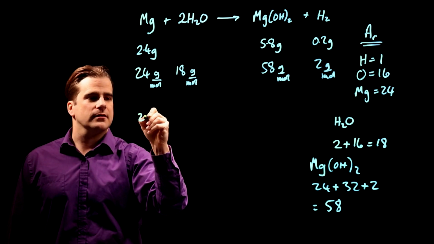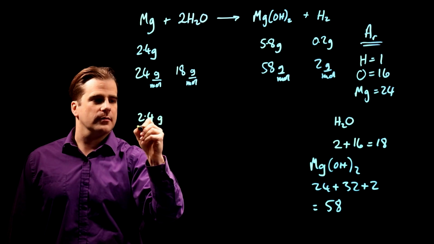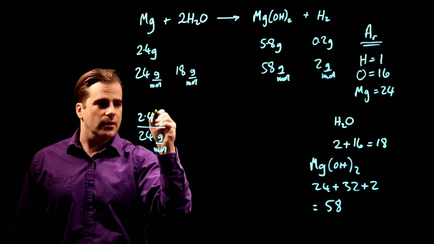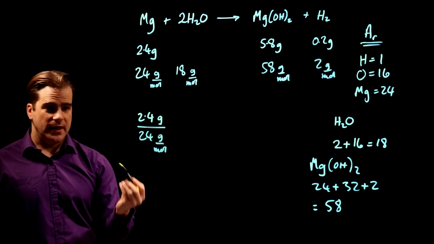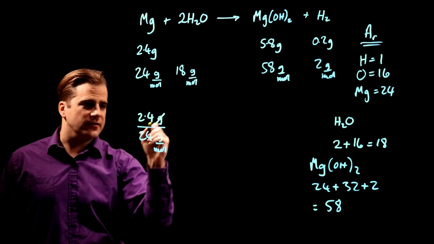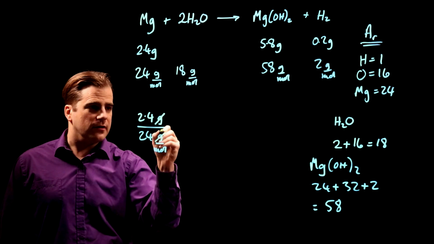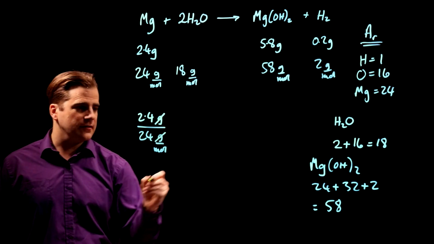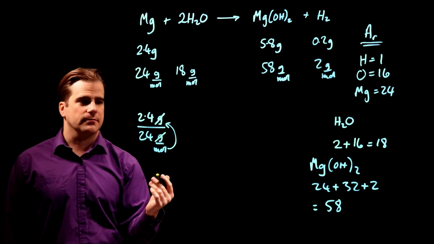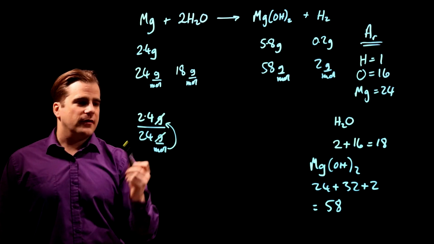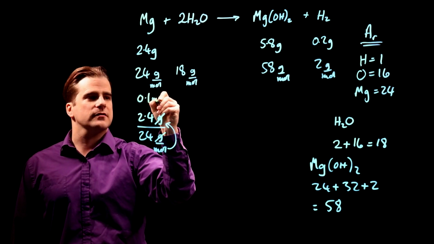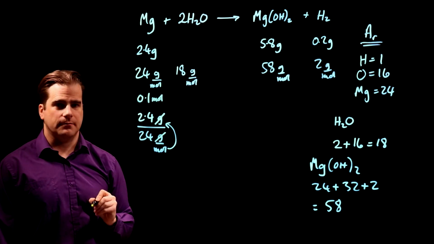If we divide 2.4 grams by 24 grams per mole, write down the units, include them. Grams on the top, grams on the bottom, they cancel, moles flips up to the top, and we've got something in terms of moles, which is what we want. So 2.4 divided by 24 is 0.1. So we have 0.1 moles of magnesium.